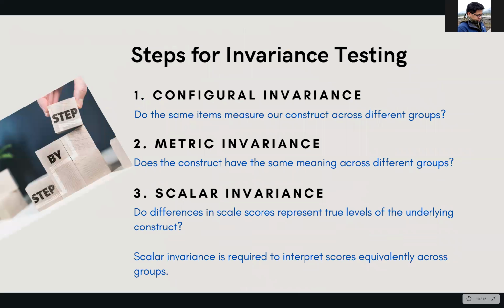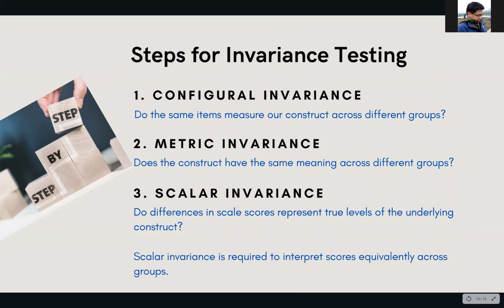The steps for invariance testing that we followed in our analysis included testing for configural invariance, metric invariance, and scalar invariance. Each step tested a different parameter. For configural invariance, we tested whether the same factor structure applies to different groups.